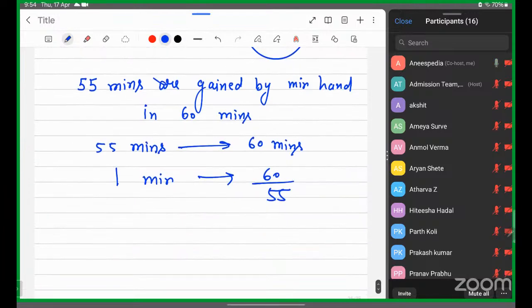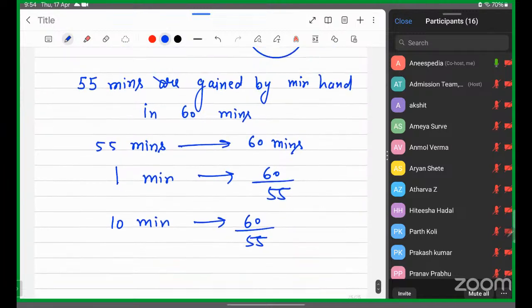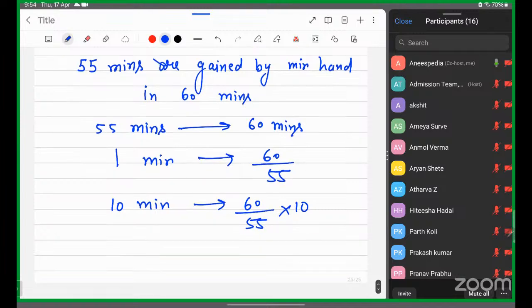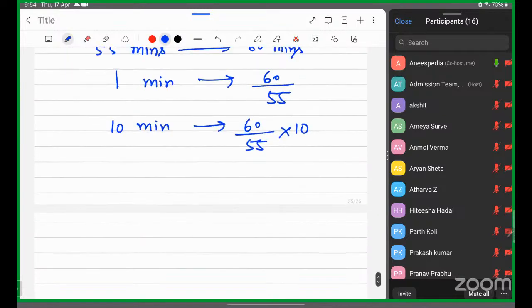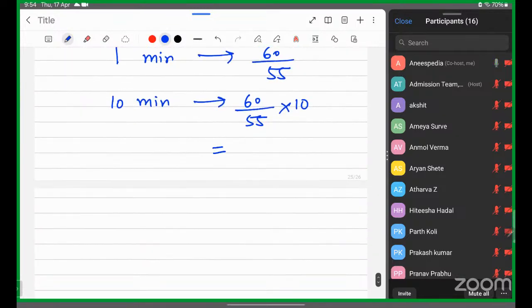So for 10 minutes, how much time it will take to cover? 60 by 55 into 10. We will divide it by 5. This will be 11. This will be 12. So this will be 10 into 12 by 11.